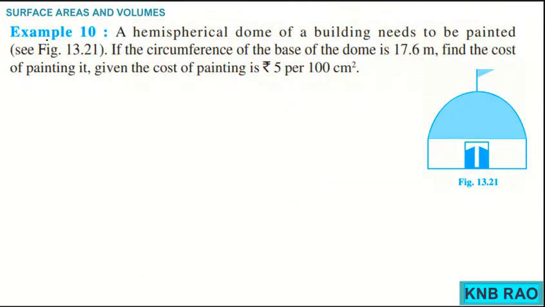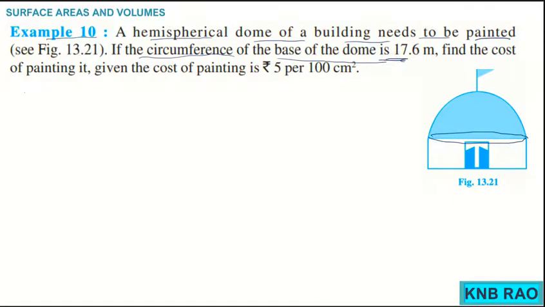Now, moving on to the last example, number 10. A hemispherical dome of a building needs to be painted. This is the figure. If the circumference of the base of the dome is 17.6 meter, the base is a circle shape, isn't it?